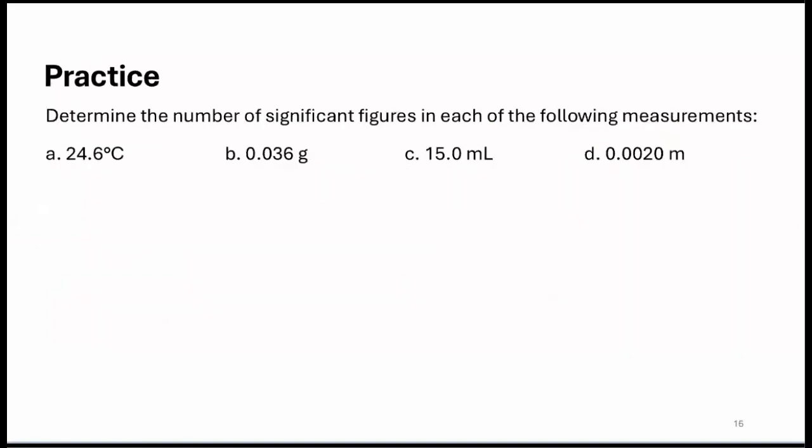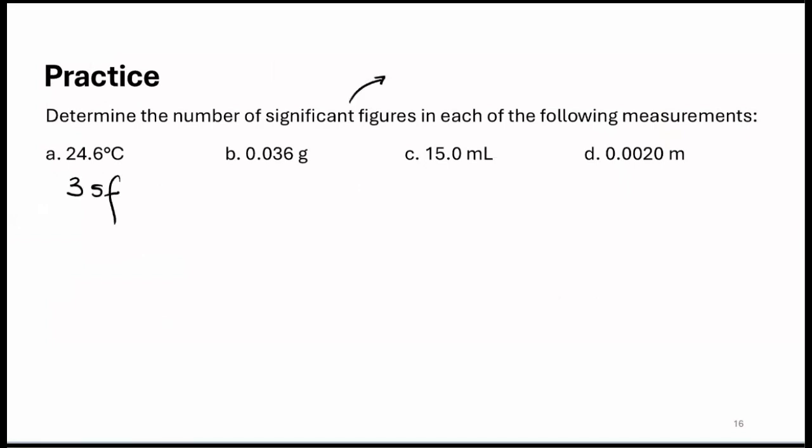Let's actually do some practice to determine the number of significant figures in given measurements. When we look at example A, 24.6 degrees Celsius, which is a measurement for temperature, we can observe that all the digits here are non-zero digits. So that means that we have 3 significant figures.